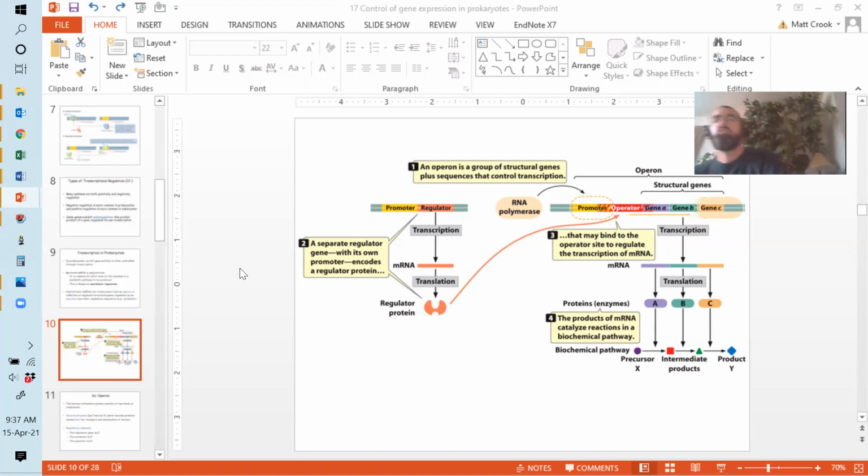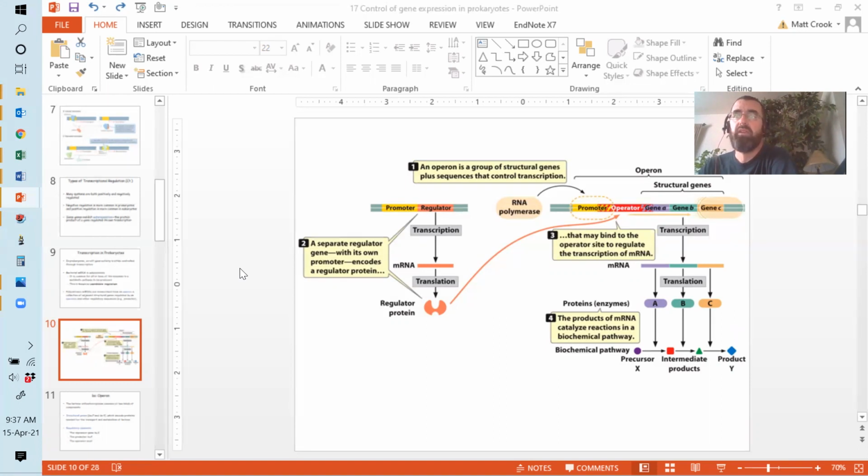Okay, so both the lac operon and the trp operon have that fine control, and it's quite different how it works. And actually, I think I can say this without reservation. It's the fine tuning that trips people up. The big on-off event for transcription in prokaryotes is pretty simple to get.